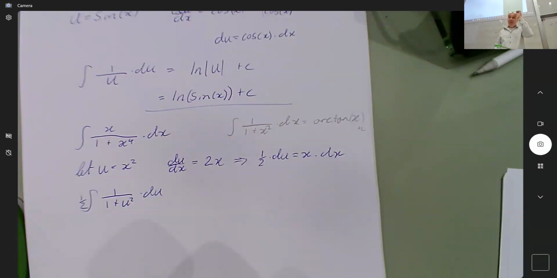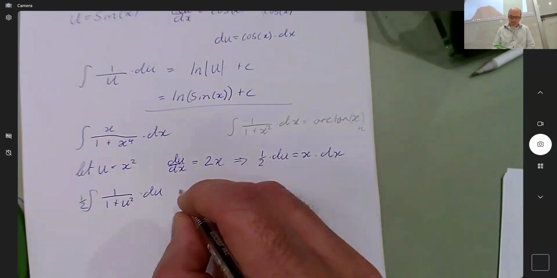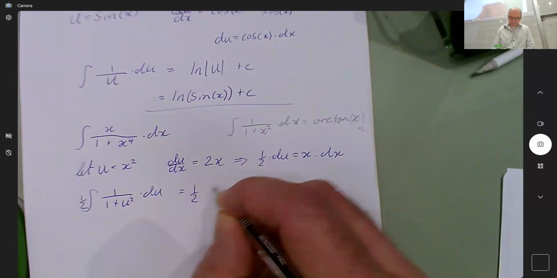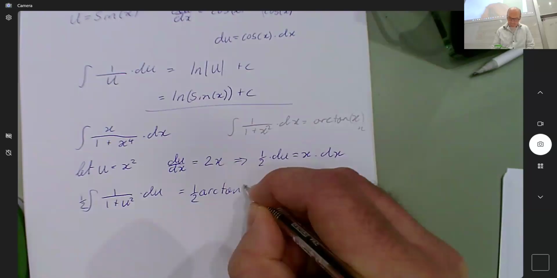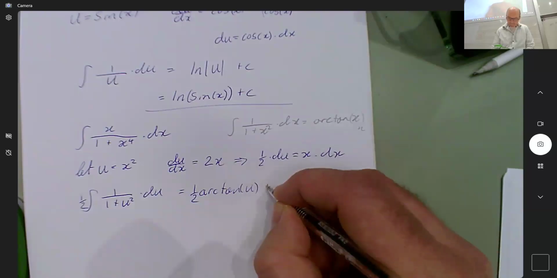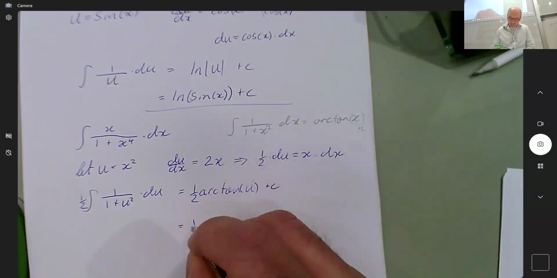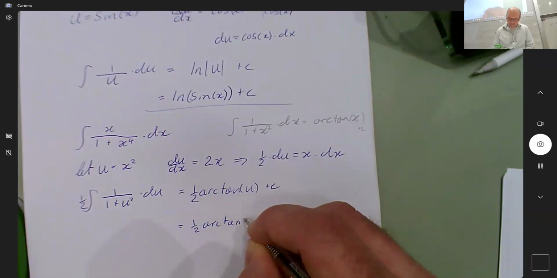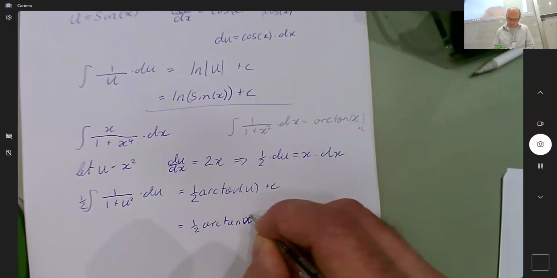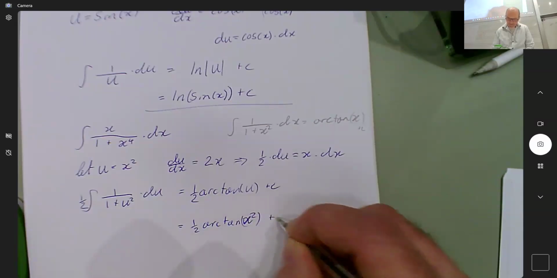I may put this in to separate the wheat from the chaff. But you should be able to do this. Tan of x squared, I want that to say x squared plus c.